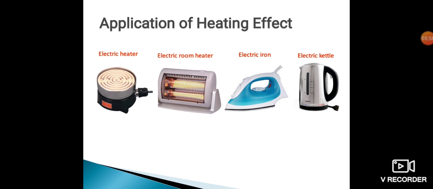So these are the examples of heating effect. As you can see, first is the electric heater, where the white portion shows the material responsible for producing the heat. In the electric room heater, the yellow portion is responsible for producing the heat.